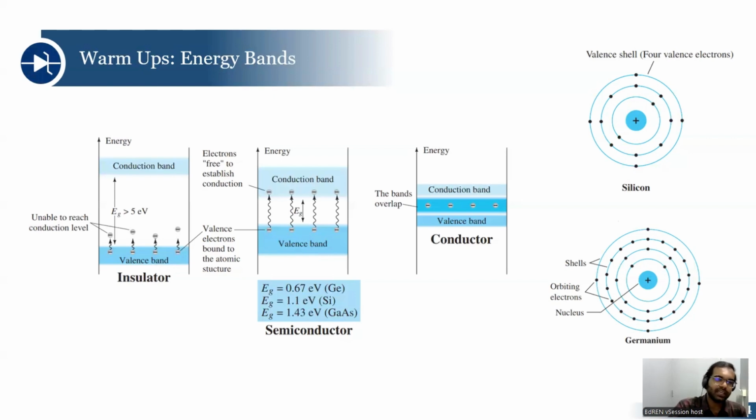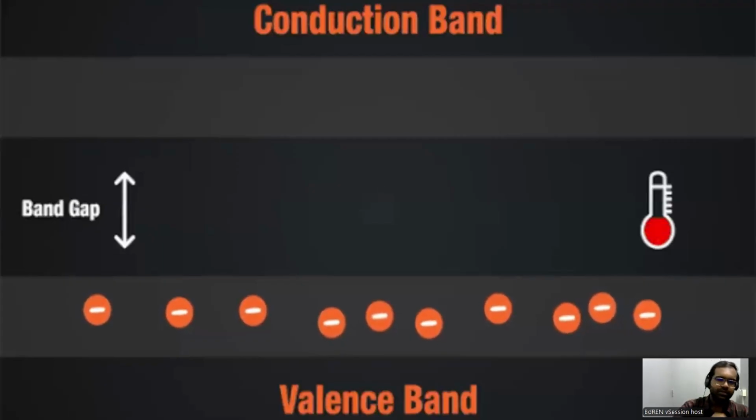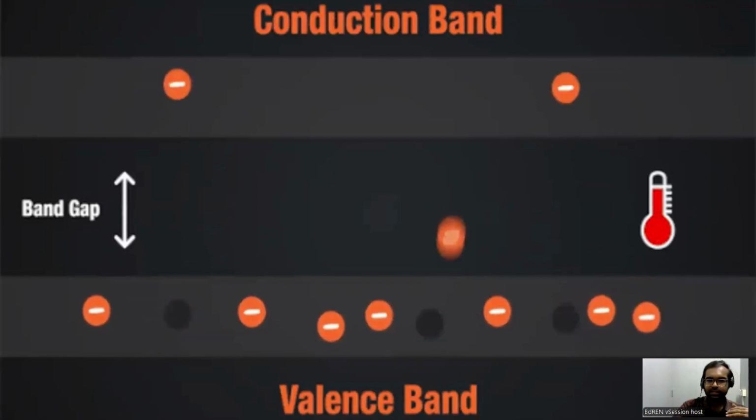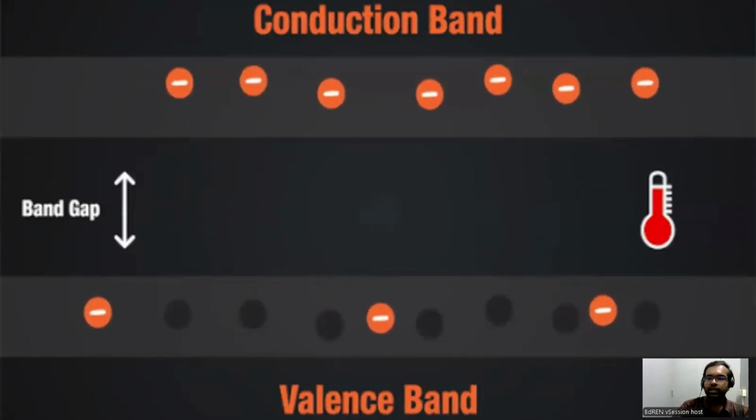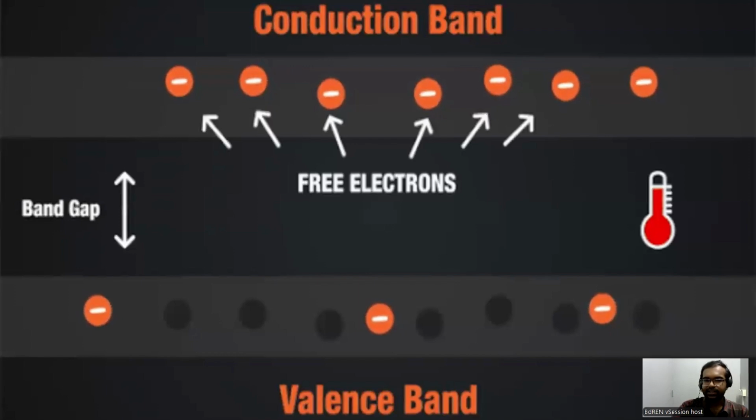However, if any external stimuli is provided, then the electrons in valence band absorb the energy and they can jump from valence band to conduction band. And then the semiconductors become capable to conduct electricity. This is a visual representation of the electrons jumping to conduction band from valence band under the increasing effect of temperature.